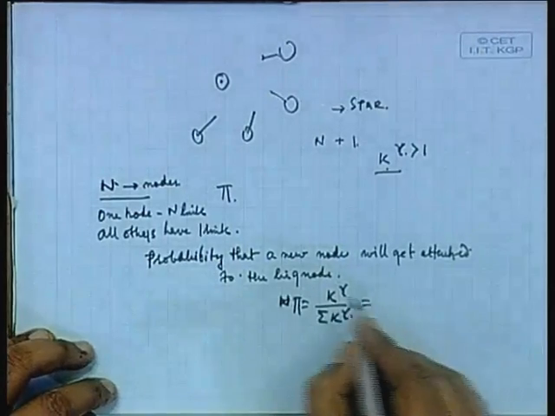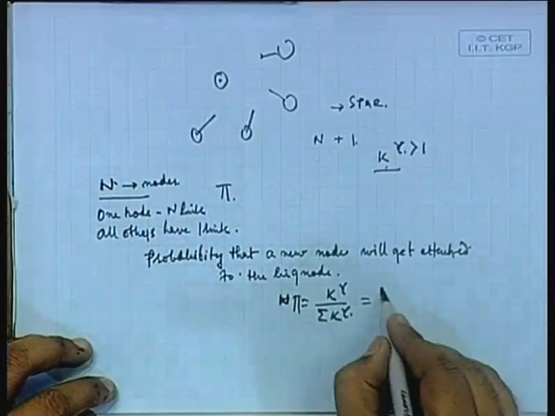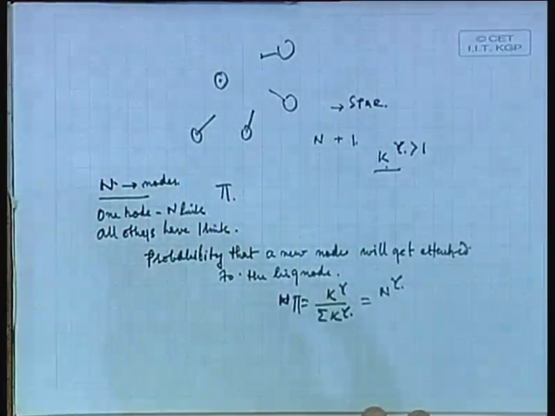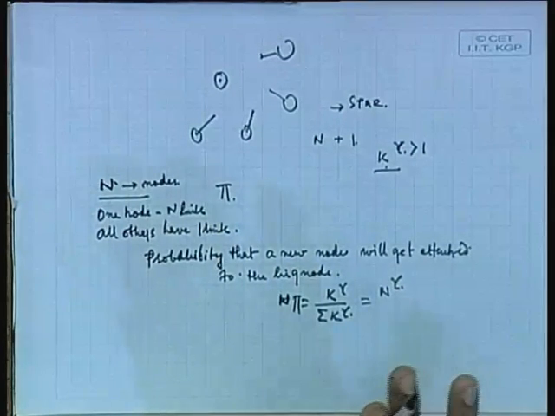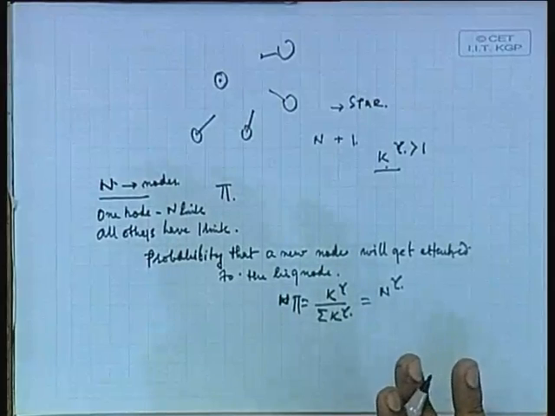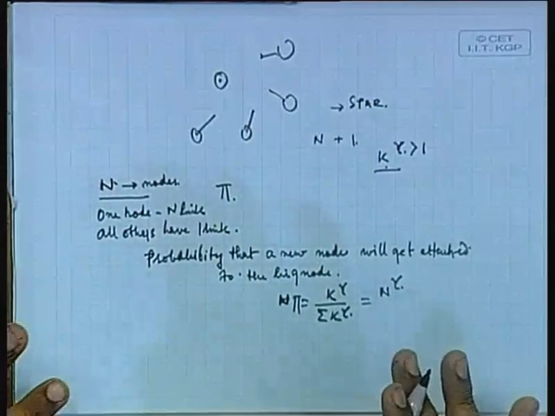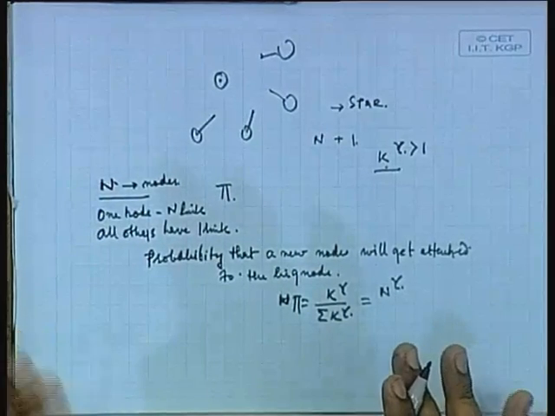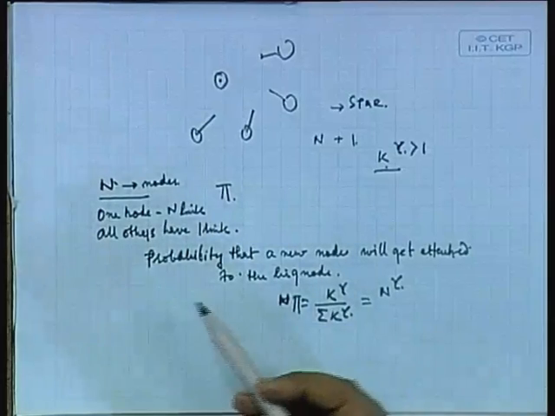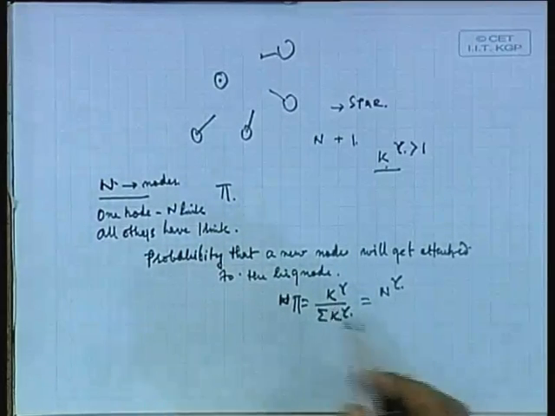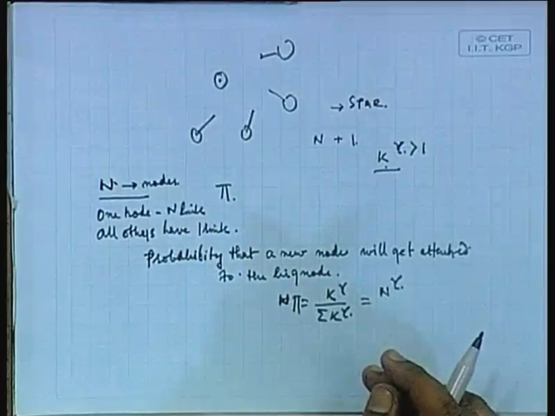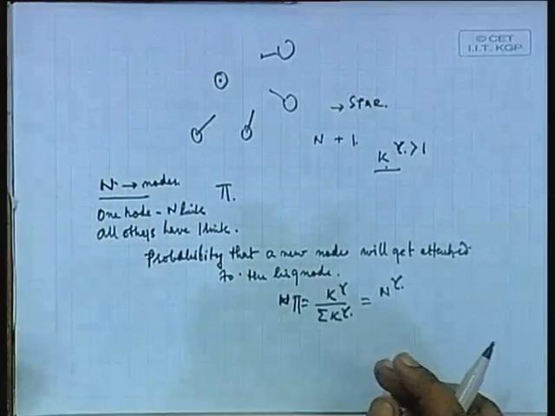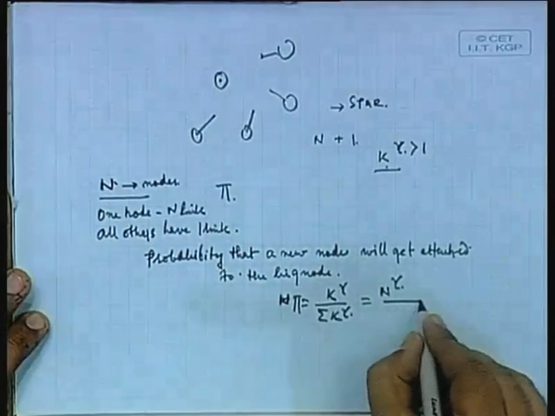Now, for this it has n to the power gamma. Am I with you? This is n to the power gamma, because this has n links. Okay, n minus 1 is equal to n. We can always say n minus 1, but for a large system it is n, and all others have 1.